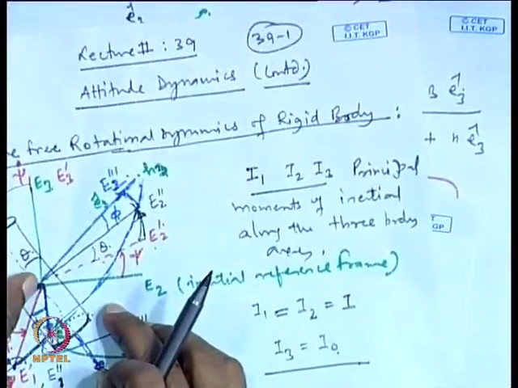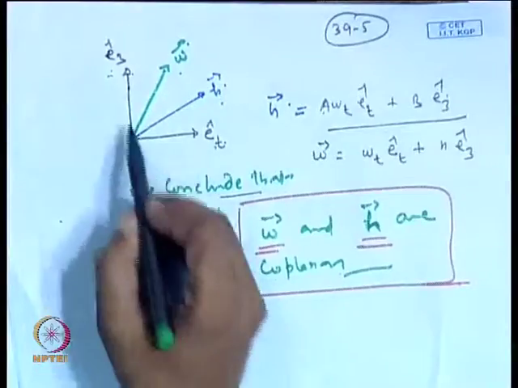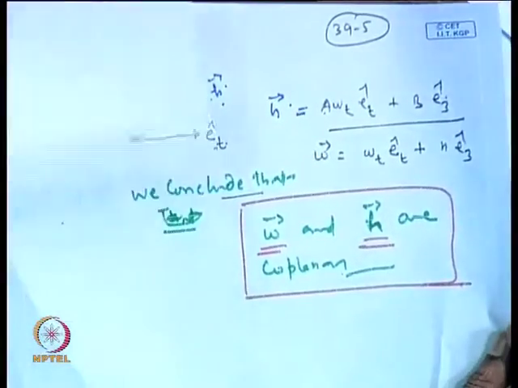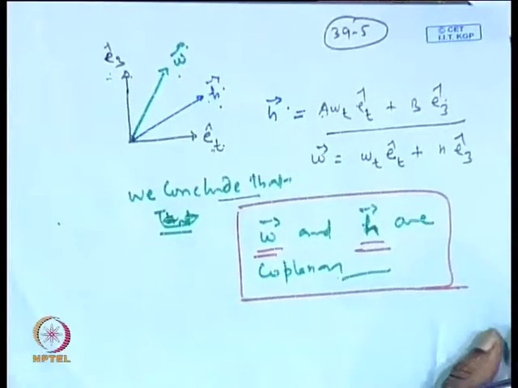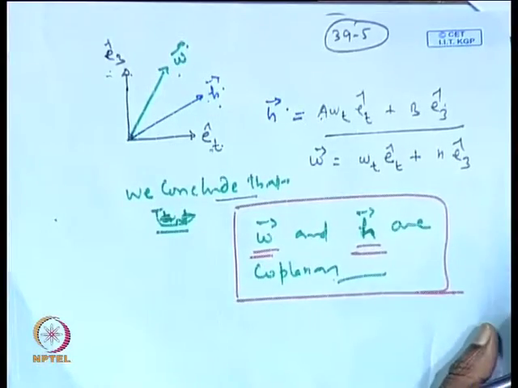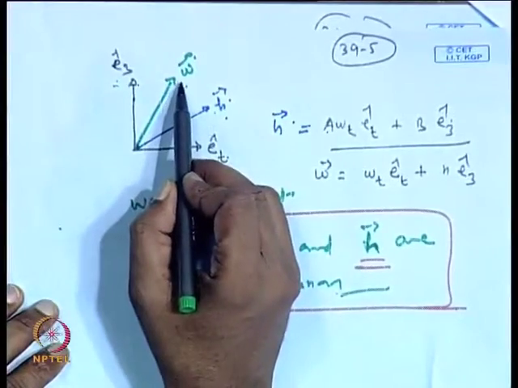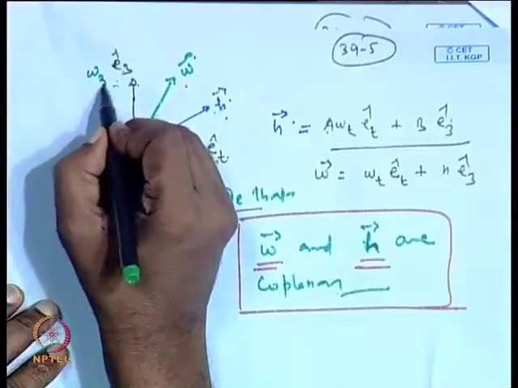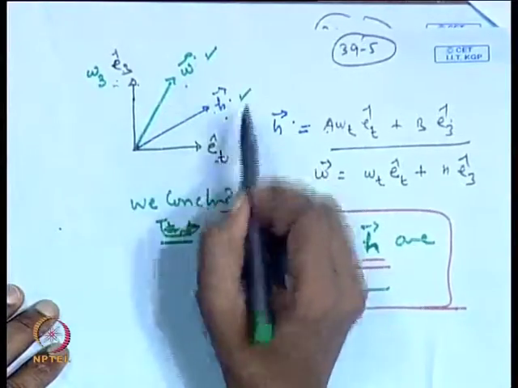Now, omega t and E 3 constitute another plane, and in that plane h and omega are lying. Now, what does it indicate? It indicates that along the direction E 3 we have the omega 3, okay, and here the omega vector is there, and this is the h vector.